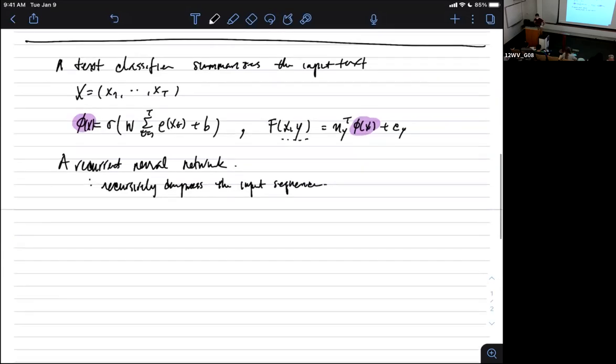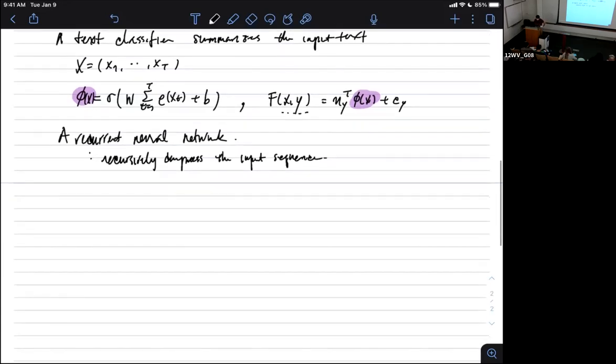Recursion is indeed at the core of computer science, so we're going to use that idea. The idea here is that we're going to simply assume that there exists some function P that is able to compress the sequence. Let's use T minus 1.